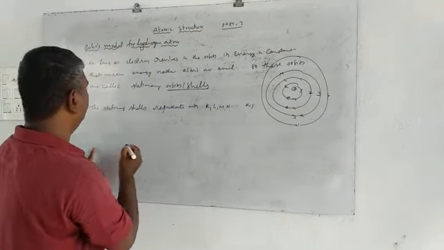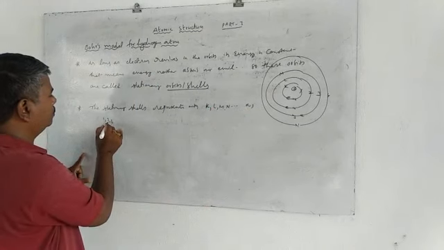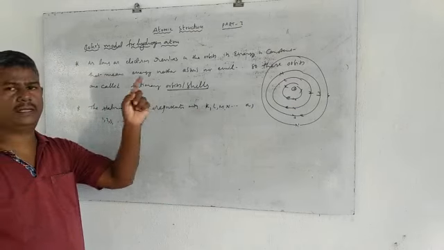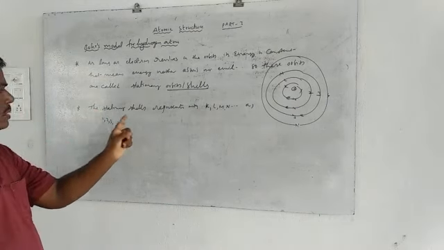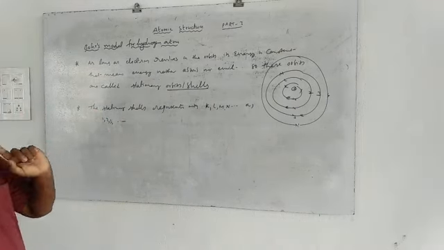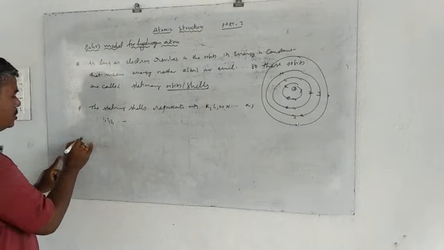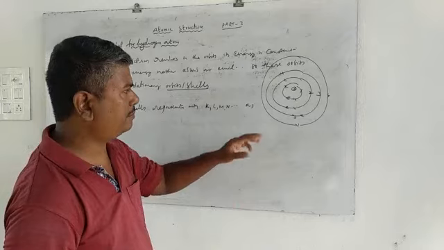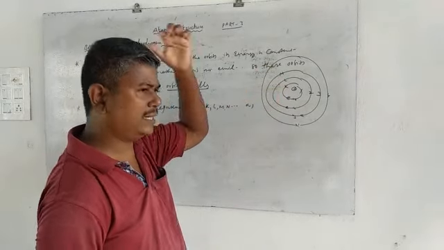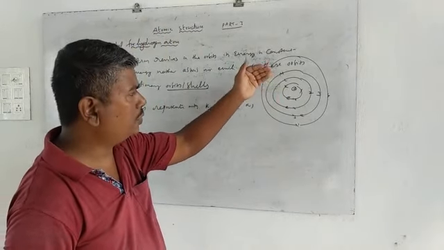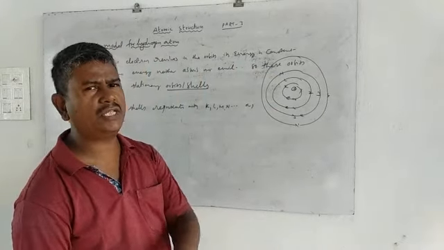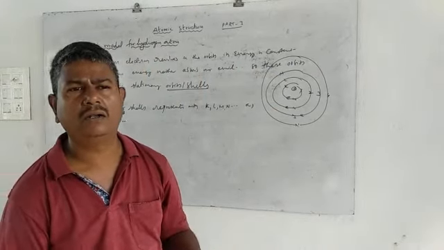If an electron jumps from a lower level to a higher level or from a higher level to a lower level, which one is the higher energy level and which one is the lower?